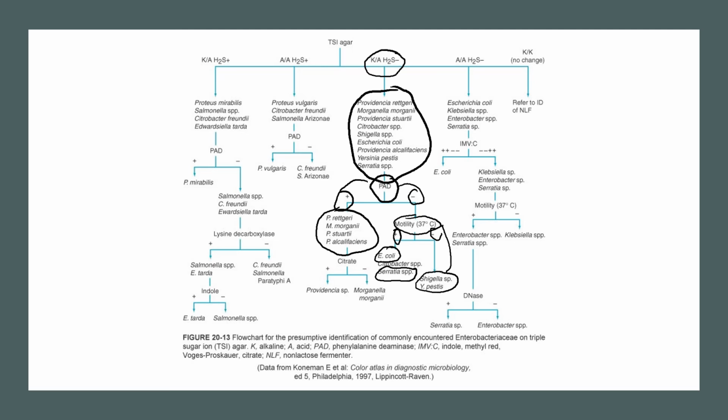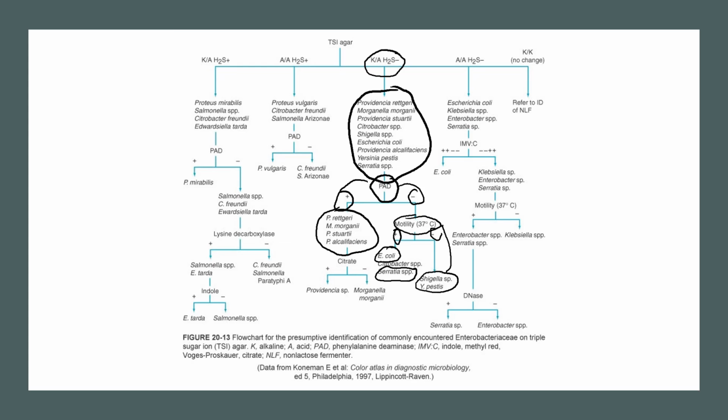Now, Serratia is also known for certain species being slow lactose fermenters. So in 18 to 24 hours, or 18 hours sometimes, you may find your TSI to be alkaline over acid, and you may think it may be a Shigella or a Yersinia, especially if it's PAD negative.